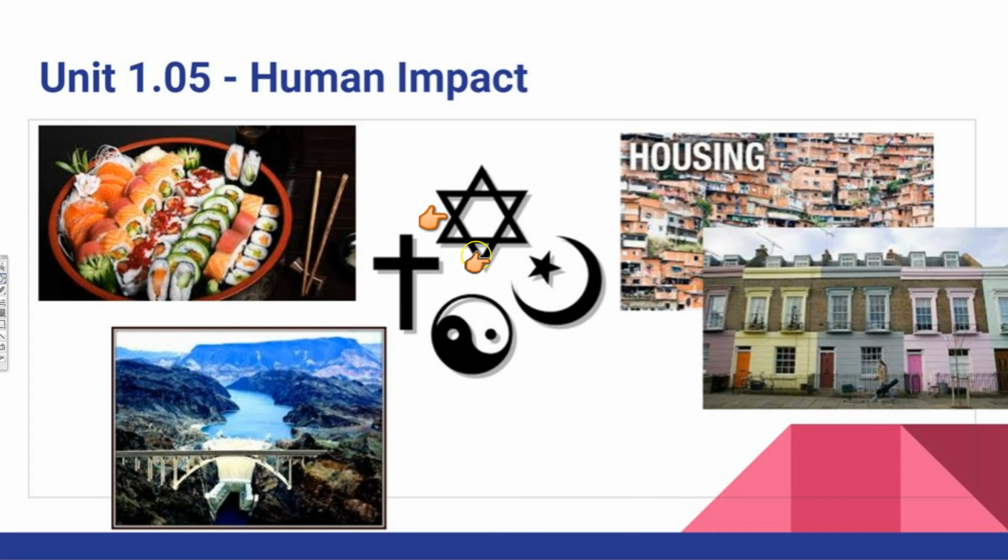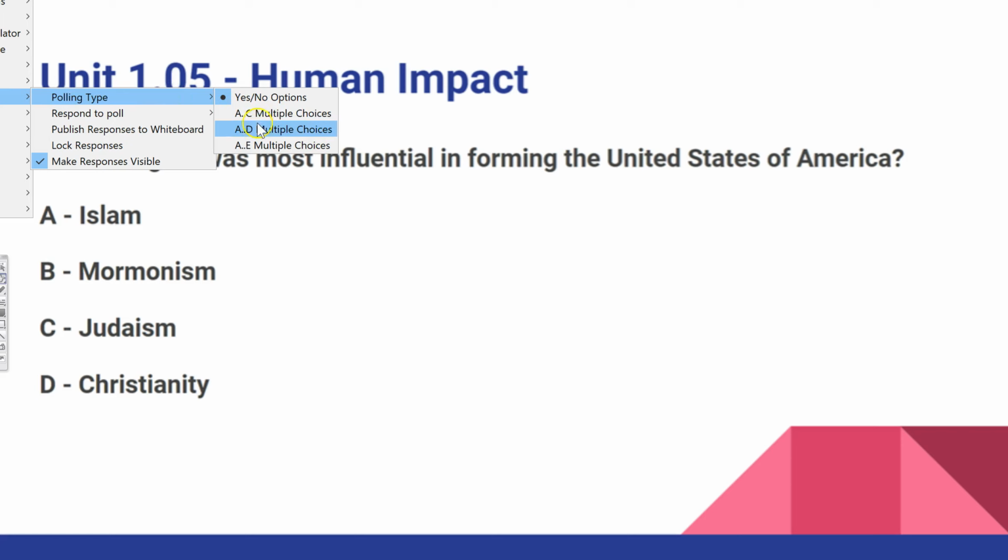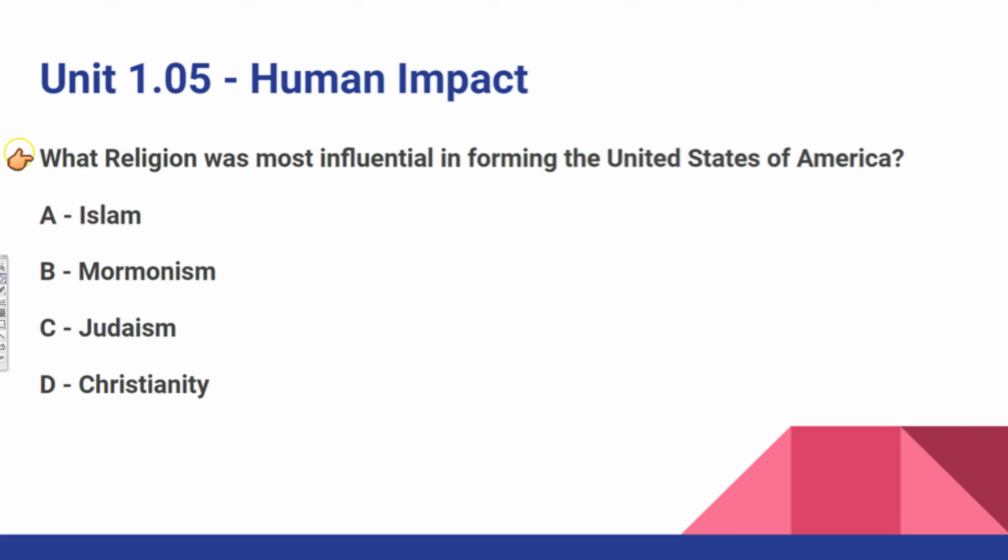Different areas have different religions, different customs, that kind of stuff, and they all live in different places as well. So let me change our toolbar real quick so you guys can answer this question here. What religion is most influential in the forming of the United States of America?